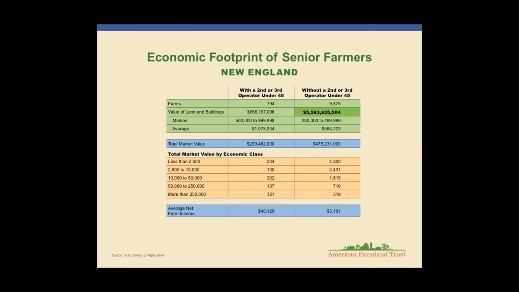But when you take those top two classes, they're about 1,000, so a little more than 10%, that are generating more than $50,000 annually in market value.